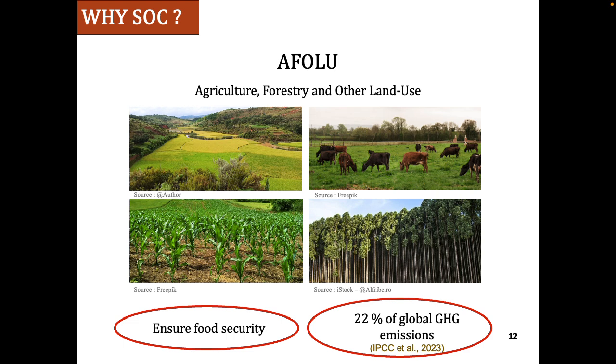So as we know, we have the sector that we call AFOLU, which is agriculture, forestry, and other land use. That sector permits all the global people to ensure food security, but is also responsible for 22% of global GHG emissions.